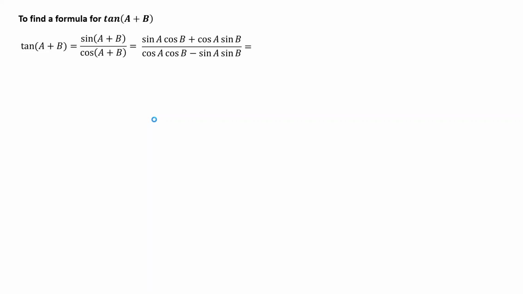Cool. Well, we could stop there, and if you said tangent of A plus B is this, I guess nobody could question that. But then, look at a clever manipulation someone came up with sometime so that the formula actually looks much more elegant. Okay? What somebody did a long time back is they looked at this and said, wait, what would happen if I divide both the top and the bottom by cosine A cosine B?